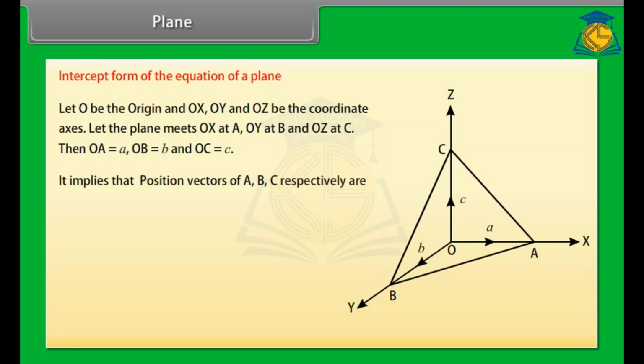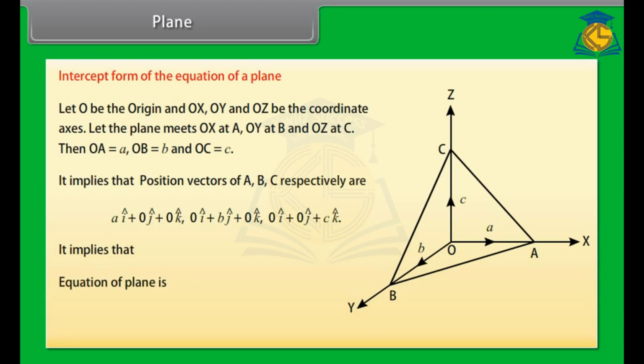It implies that position vectors of A, B, and C respectively are a i cap plus 0 j cap plus 0 k cap, 0 i cap plus b j cap plus 0 k cap, and 0 i cap plus 0 j cap plus c k cap. It implies that equation of plane is x by a plus y by b plus z by c equals 1.